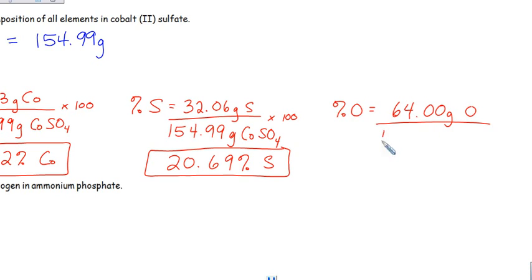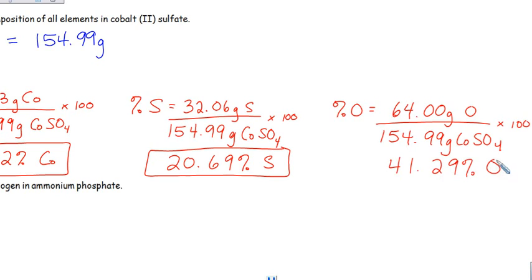Divided by the compound, 154.99 cobalt sulfate times 100. And this gives me about 41.29% oxygen.